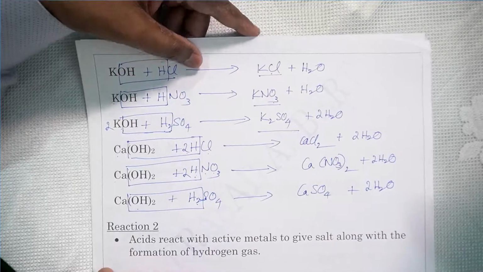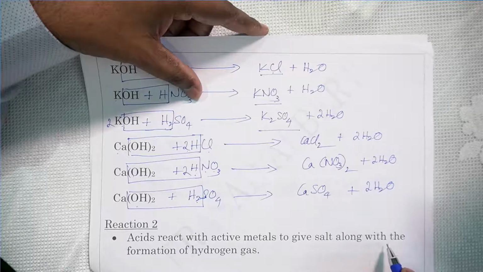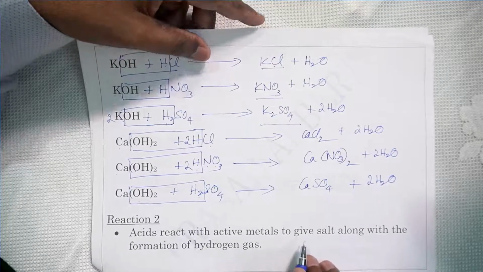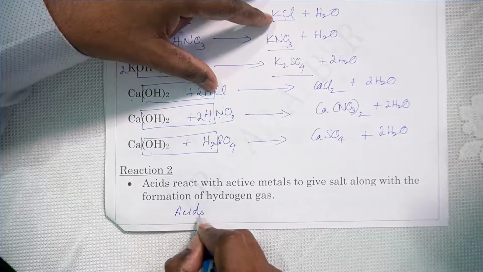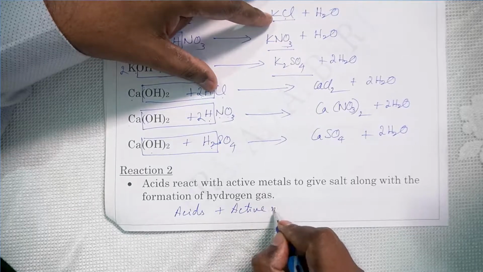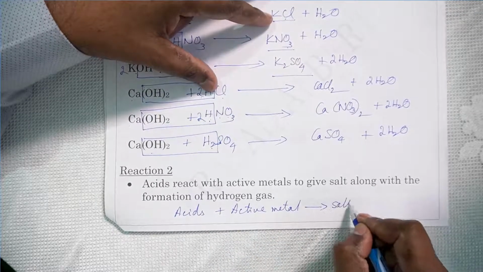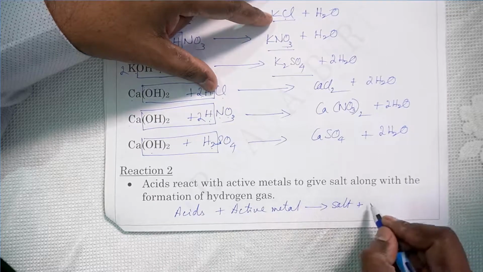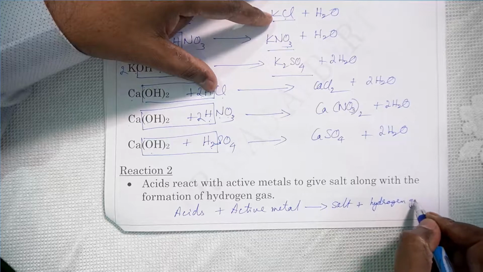Now the second reaction is acids react with active metals to give salt along with formation of hydrogen gas. So acid plus active metal gives salt plus hydrogen gas.